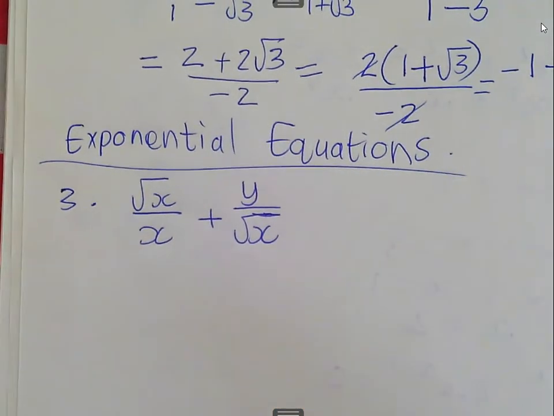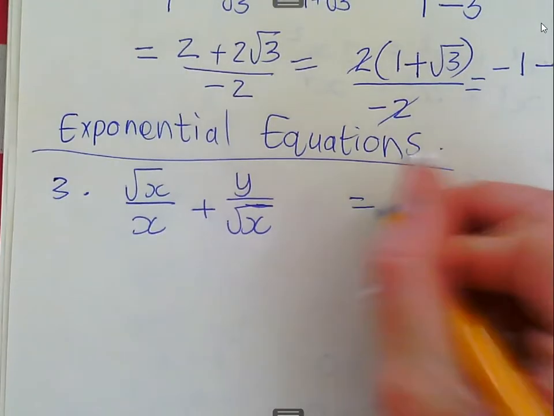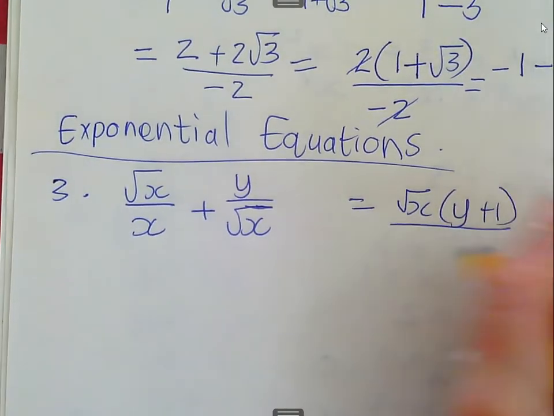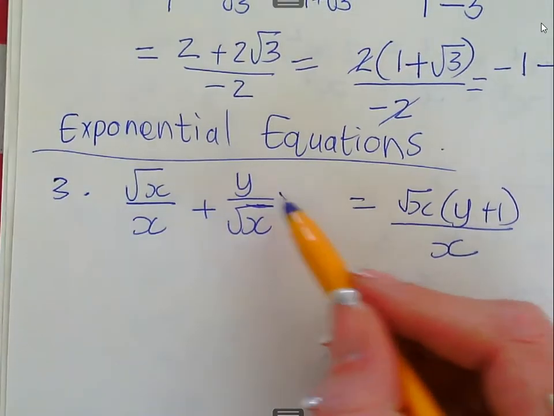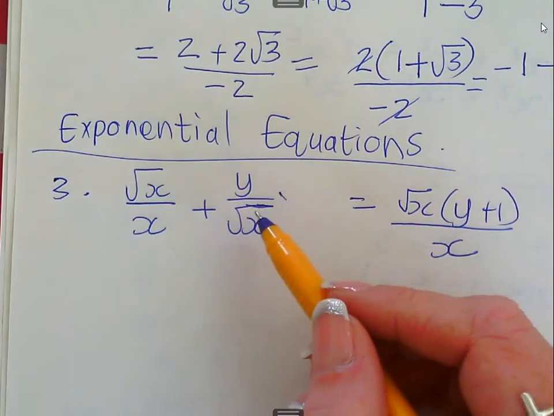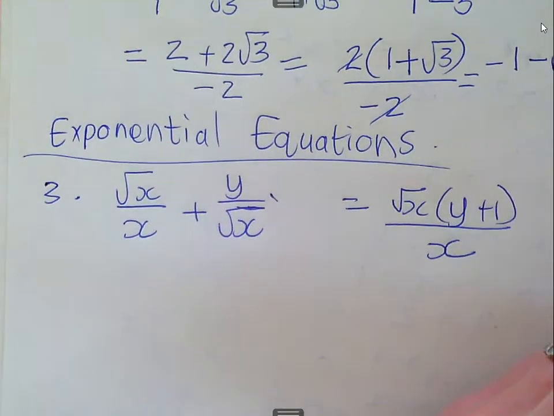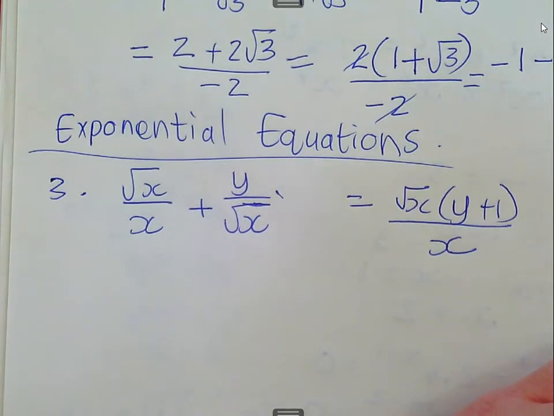Okay, at number 3, they ask you to prove that it's equal to root x. Let me write it here. Root x bracket y plus 1 over x. Okay. There are different ways that you could have done it. I would start by rationalizing this denominator. Okay, so I multiply, let me use a pencil here.